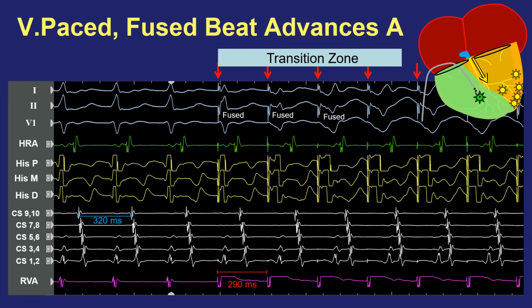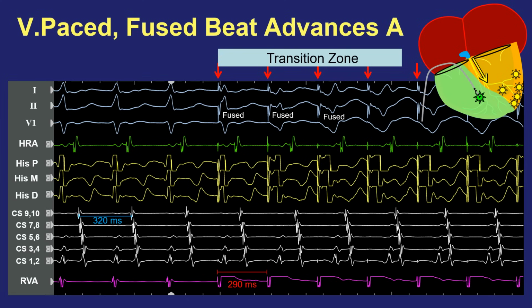One stipulation here is that you're pacing within 40 milliseconds of the tachycardia. Then you can add that last beat of the same paced morphology into this transition zone, and you'll see why in a moment.